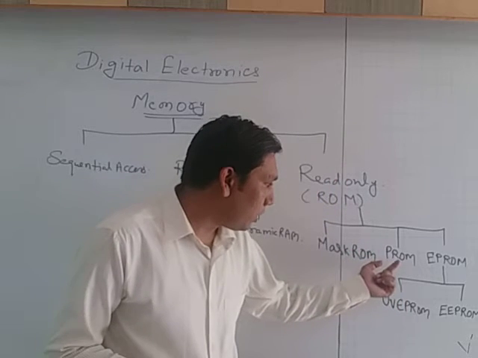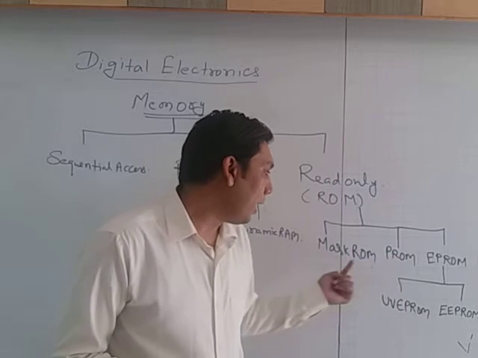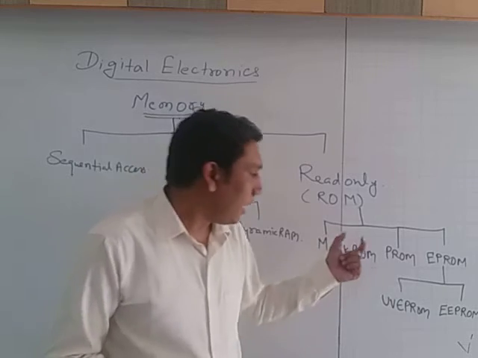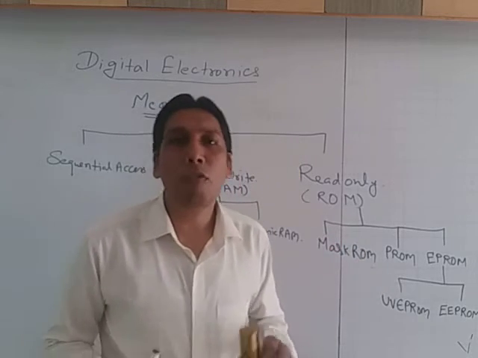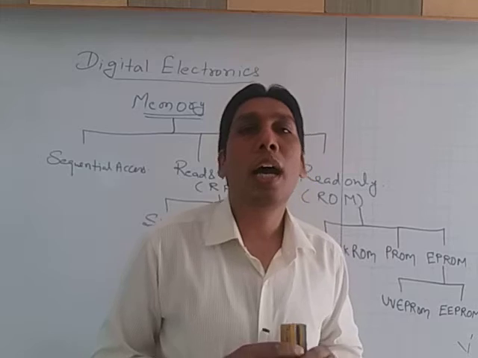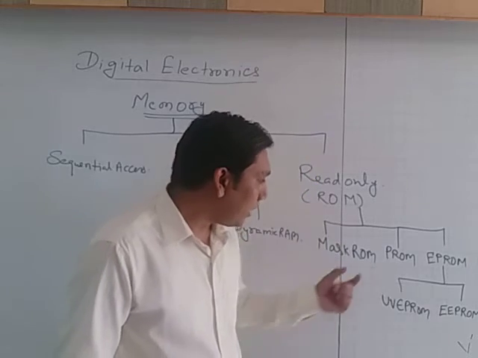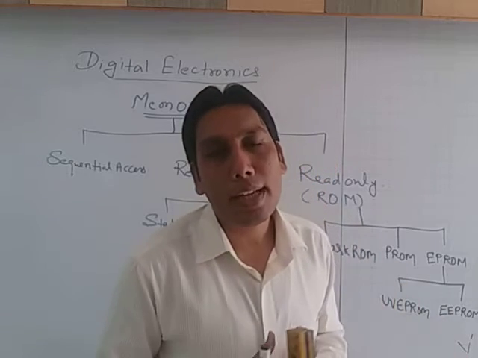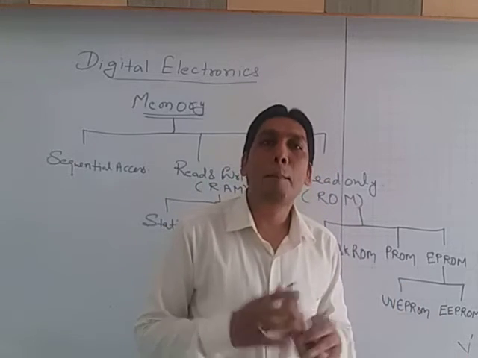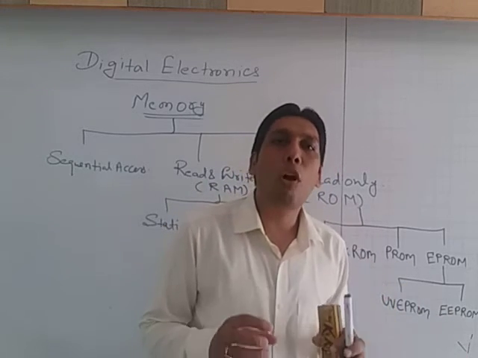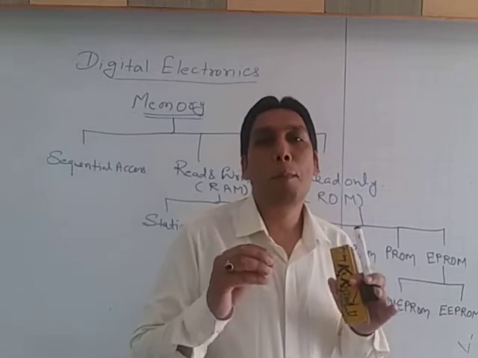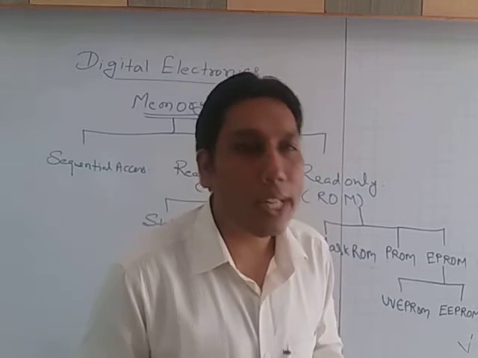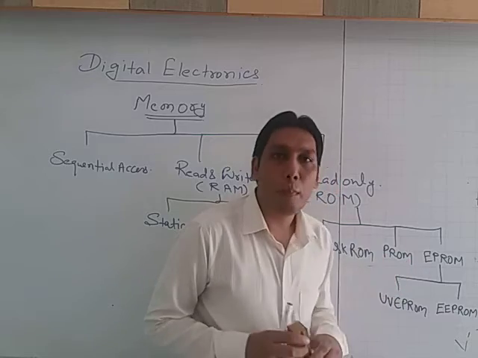The difference between PROM and mask ROM is that in mask ROM the information is entered by the manufacturer, but in PROM it's in the hand of the user. The user can program the information, or put his own data in the PROM.